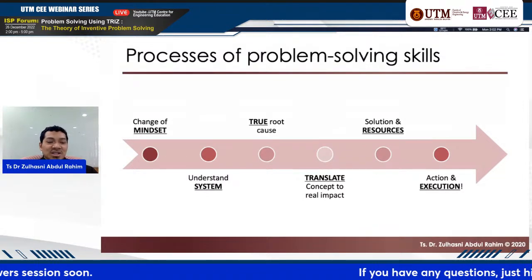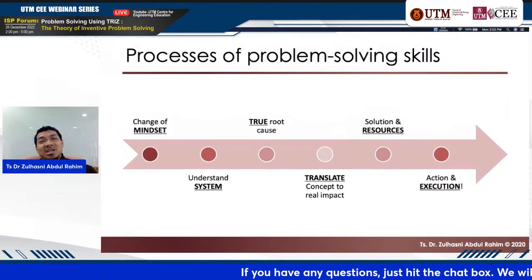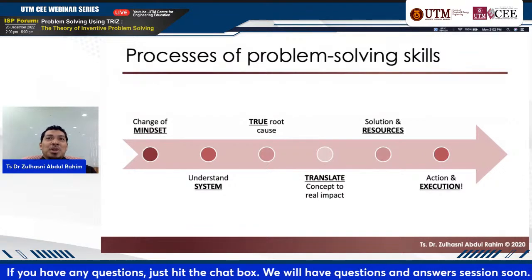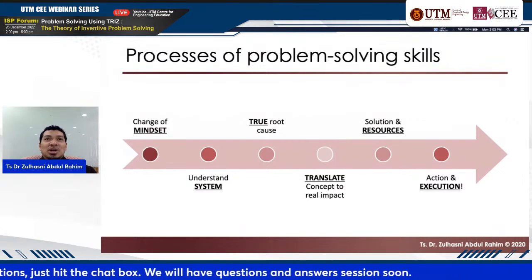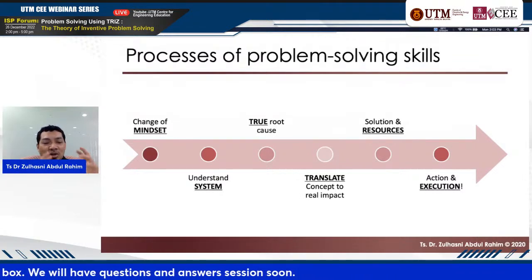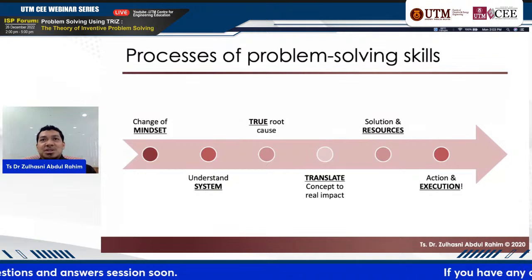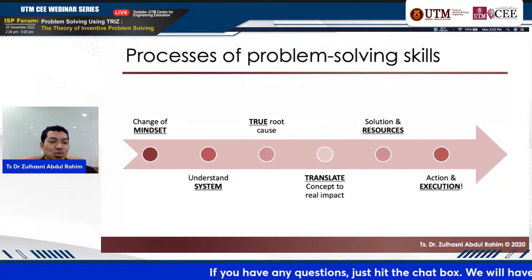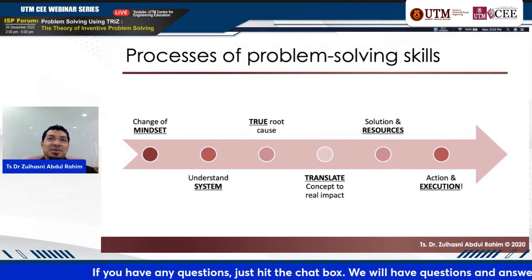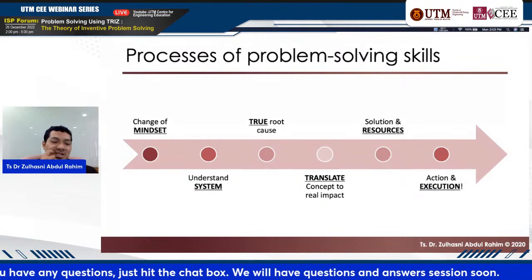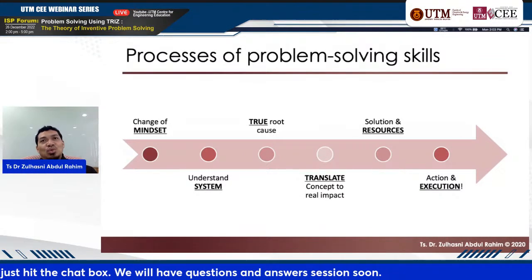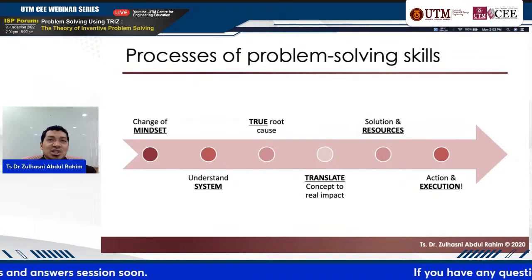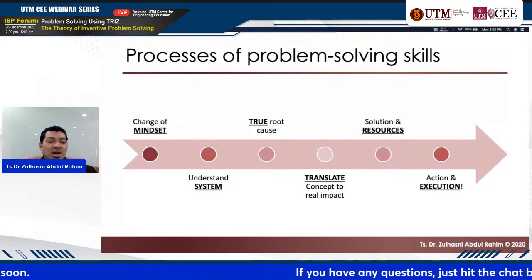This is the part which requires creativity, and requires your mindset to be able to translate the concept or ideation into something that is practical and implementable. This is the thing that you need to achieve. The fifth one is actually to try to convert all the elements around you, all the resources around you, to become solution.